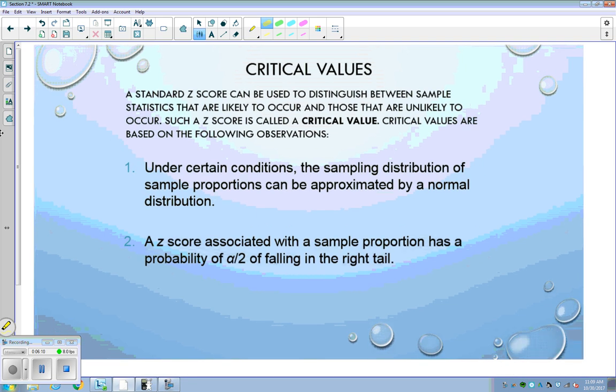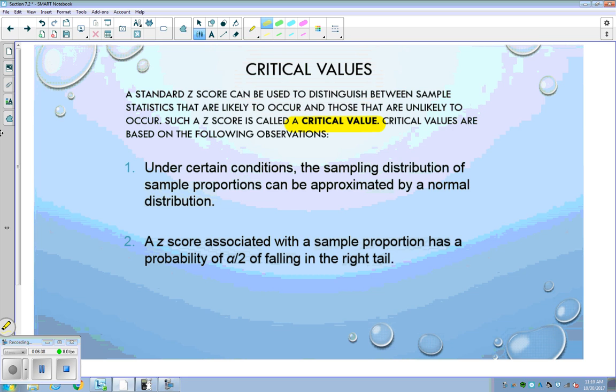Critical values. Z-scores are going to be used to distinguish what we are calling critical values. First, to be able to do this, we have to have a sampling distribution that can be normally distributed.